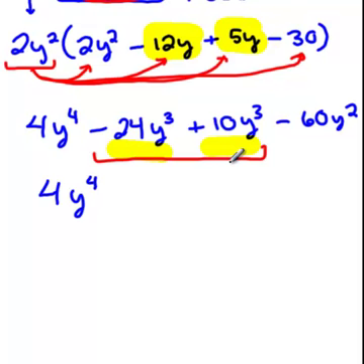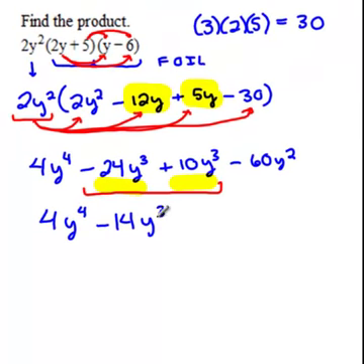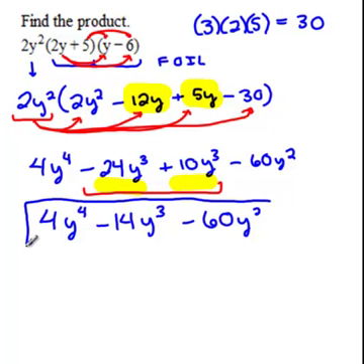And so you are going to be in debt, but only 14. So a minus 14, and apples plus apples get you apples. So y cubed and y cubed gets you y cubed. That's how many y cubes we got. And then the minus 60y squared just comes straight down. And that's your answer, simplified in descending order from largest degree to smallest.